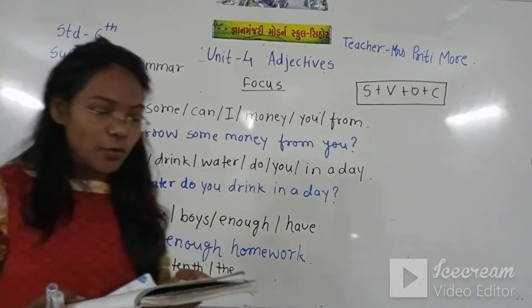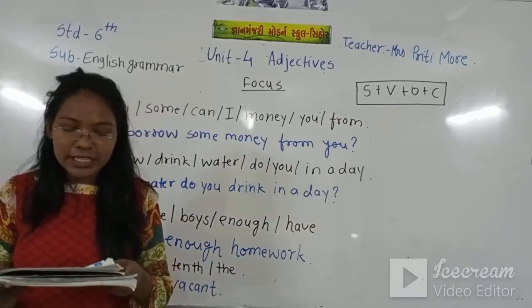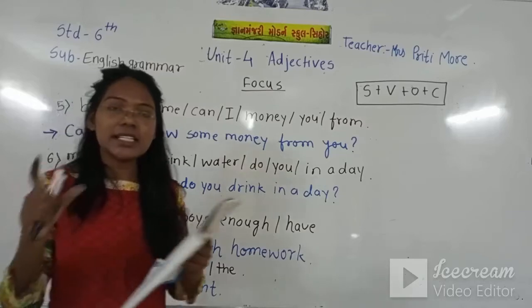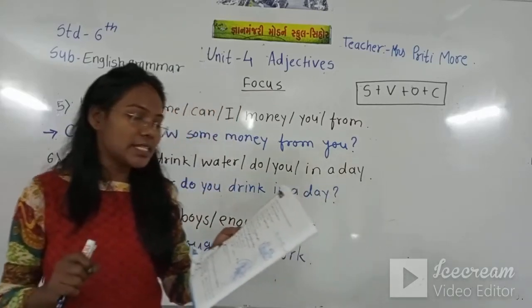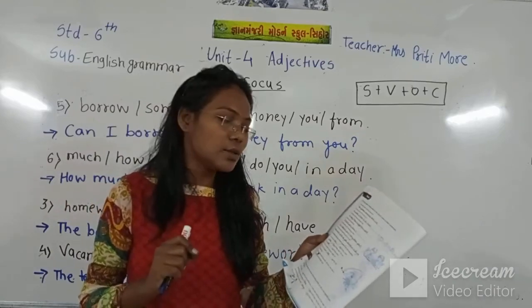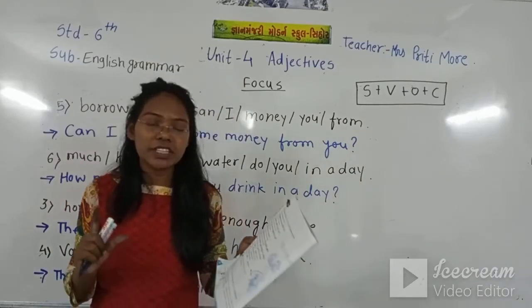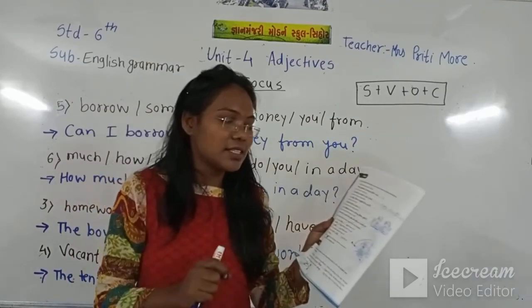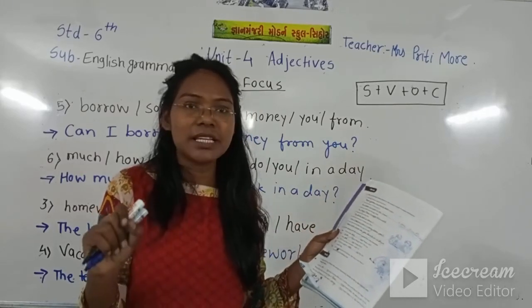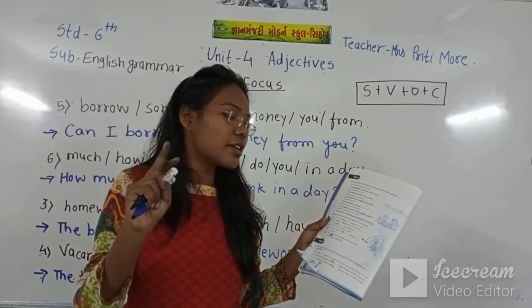Now the focus exercise B, fill in the blanks with the correct words from the brackets. That means there is a conversation between Base and Lucy. They both are talking with each other and some sentences are there, which are the dialogues, and blank space is there. Two options are also there.